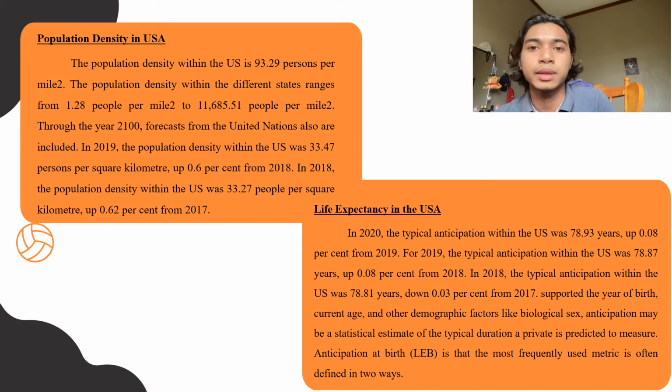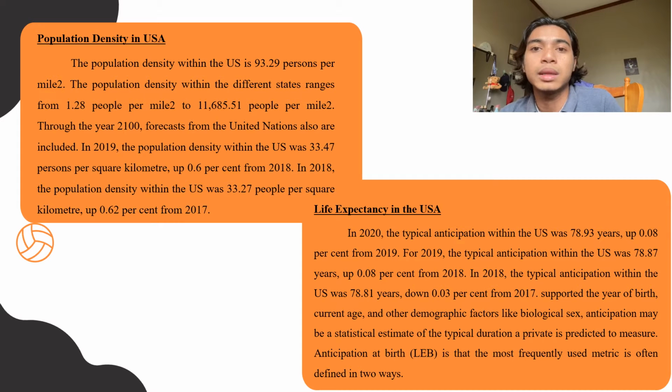In 2020, the typical life expectancy within the US was 78.53 years, up 0.08% from 2019. For 2019, the typical life expectancy within the US was 78.57 years, up 0.08% from 2018.